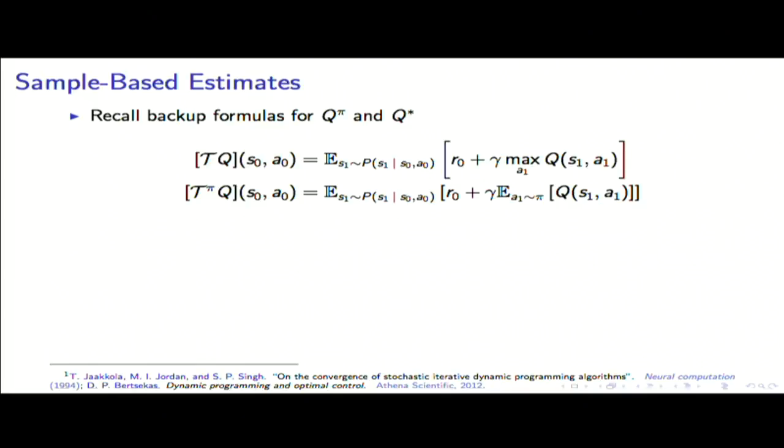Or if we can approximate the Bellman operator T, then we can apply that operator over and over again, and we should converge to q star. So if we can approximate these operators somehow using samples, then we can apply policy iteration or value iteration.